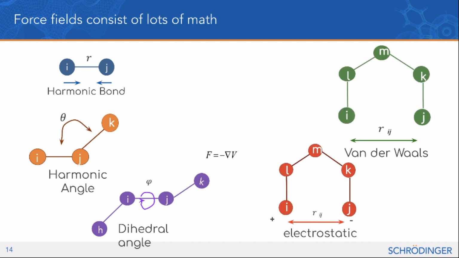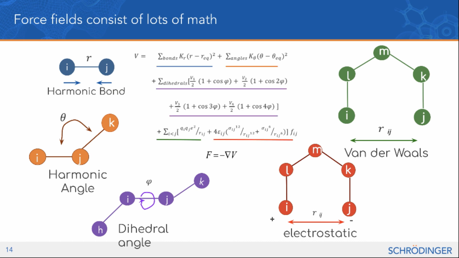We also have ways that atoms can interact through space, such as electrostatic or van der Waals interactions. And all these interactions can be described with a lot of math. And I'm pretty thankful that I don't have to solve all this math for every molecule that I'm interested in by hand. So again, this is where those computers that can rapidly perform complex calculations come in.